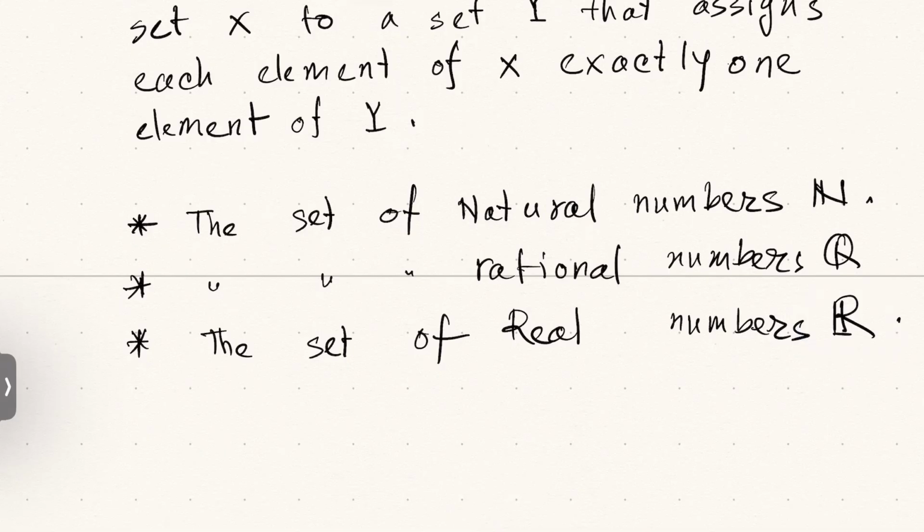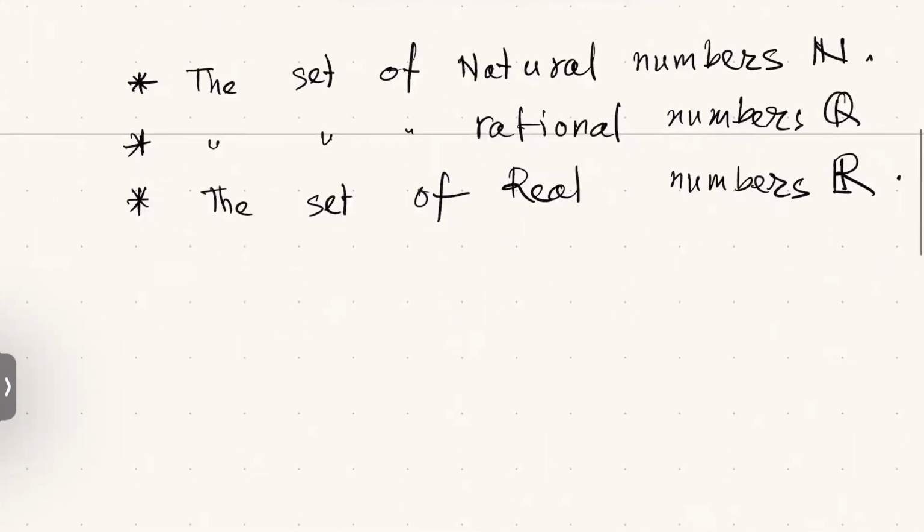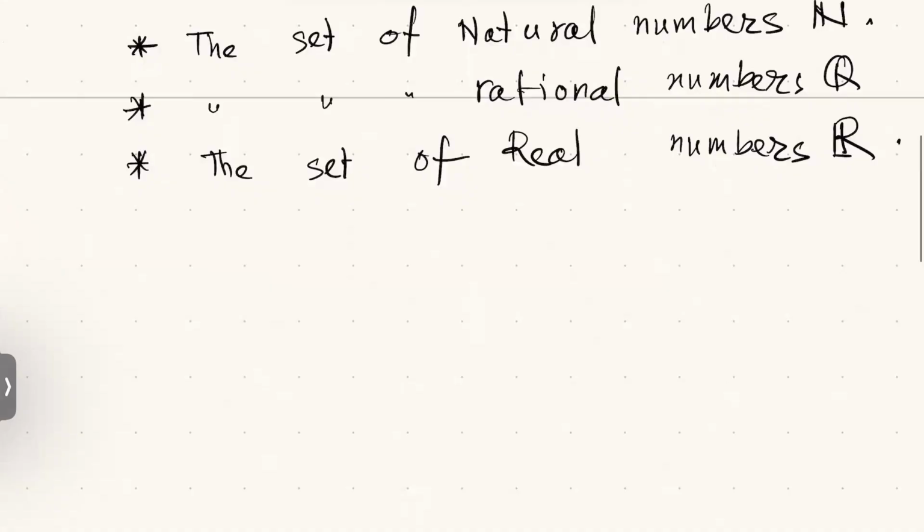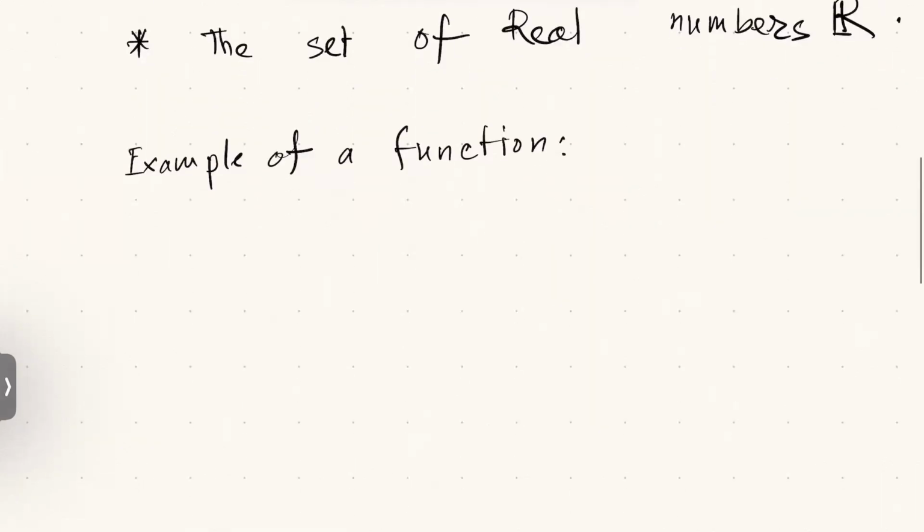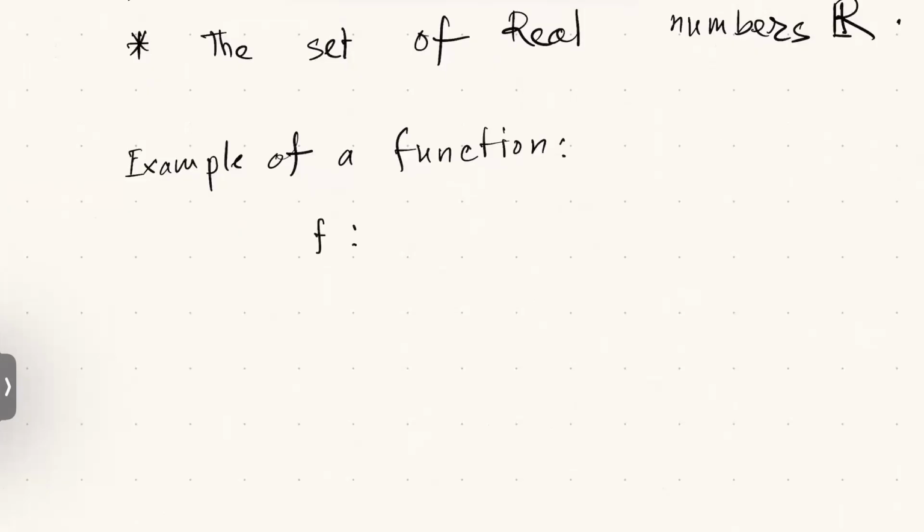Now to define a function, let us consider the first basic example of a function, from the set of real numbers to the set of real numbers.